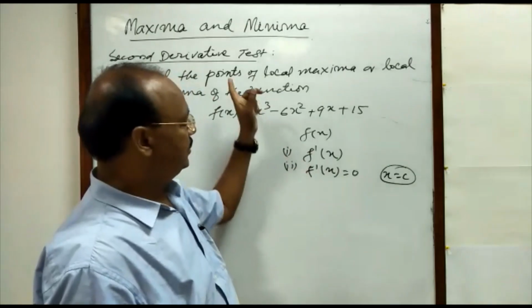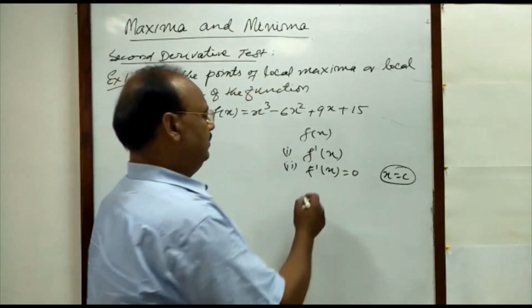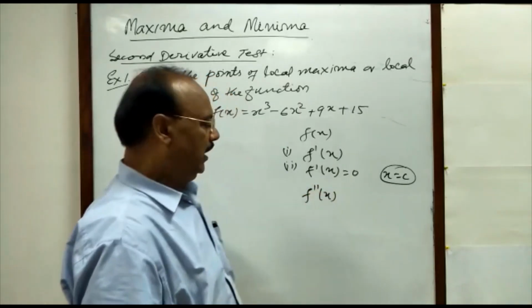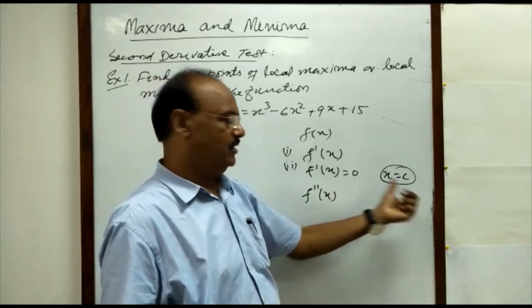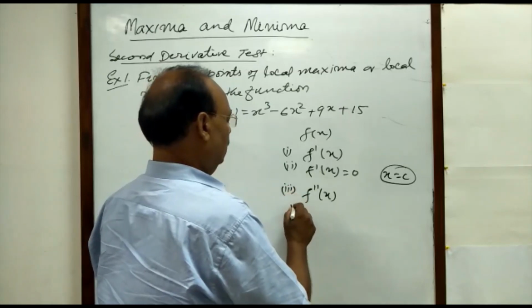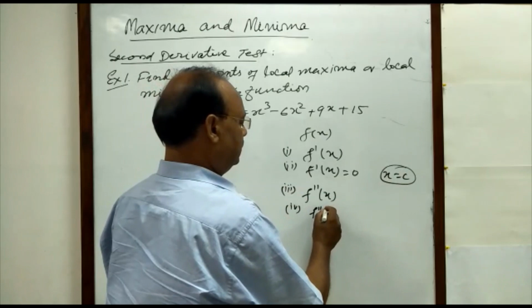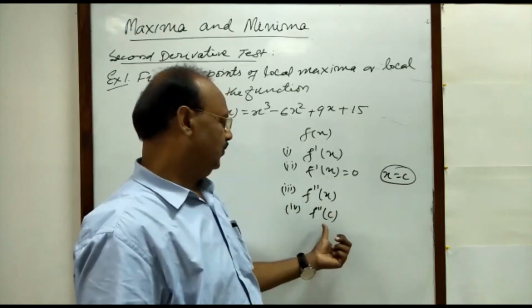But in this test particularly, we have to find out second derivative also, f double dash x, and we put value of x is equal to c here. Next step, fourth step, we put value of x is equal to c in second derivative of the given function.